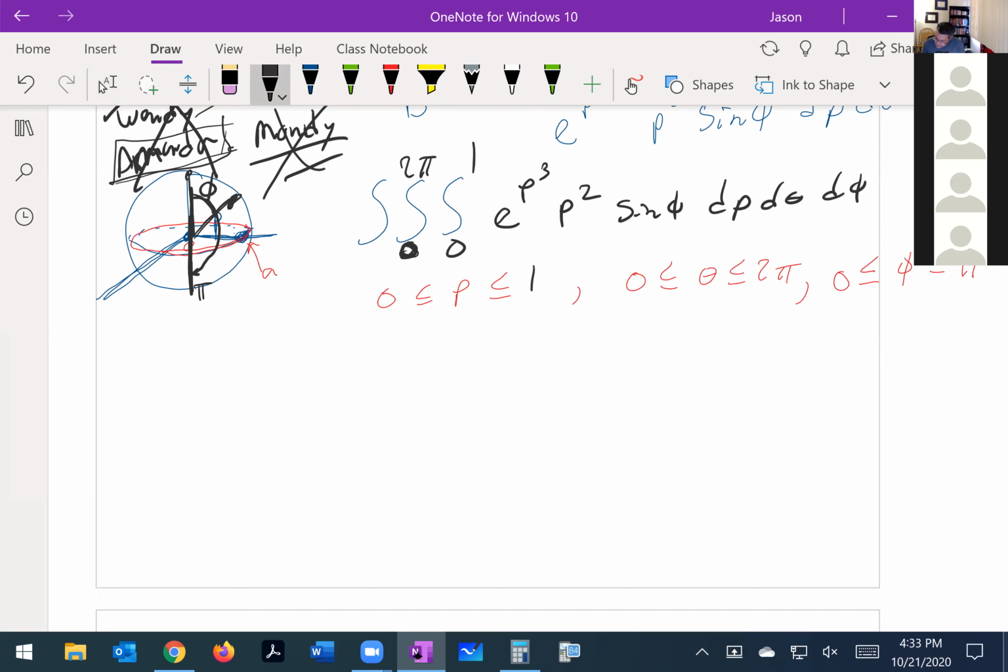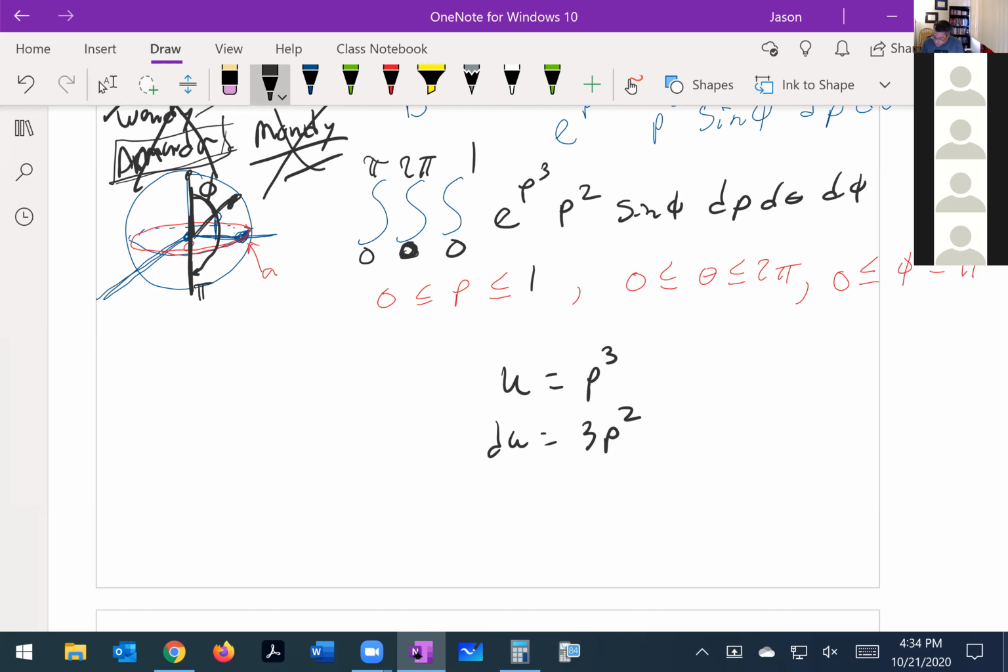And then this is going to go from 0 to pi. There you go. Now what are we going to do? We're going to integrate with respect to rho, and we're going to do a u sub. This is going to be a really nice u sub, because if we do u equal to p cubed, then du is equal to 3p squared dp.